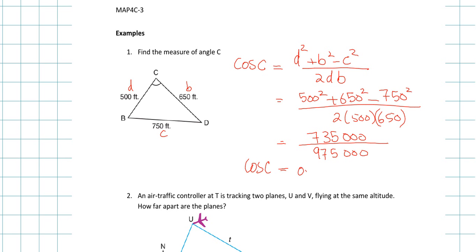Is that what you guys are getting? Is that what you got for the top? For some reason, the numbers don't ring a bell. What did you guys get for the top?